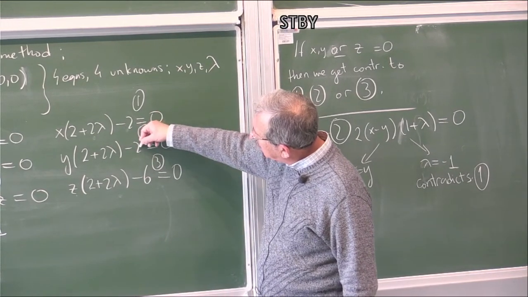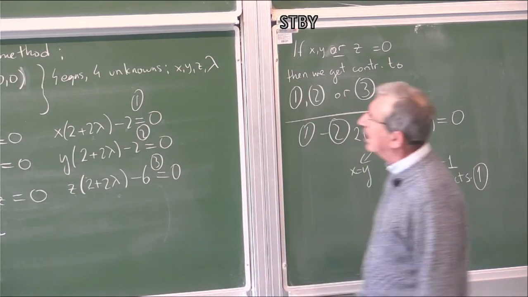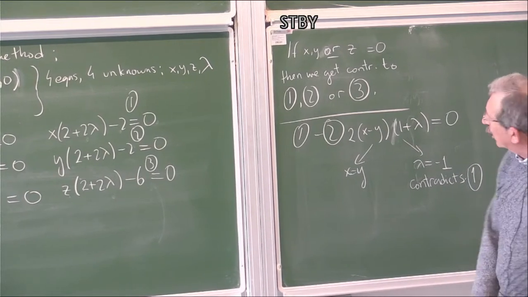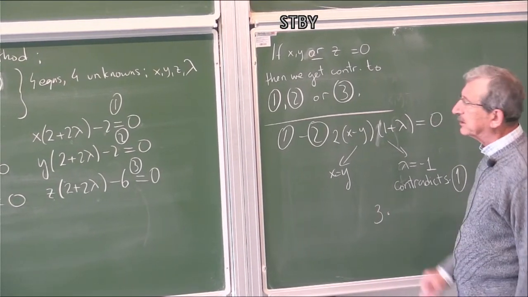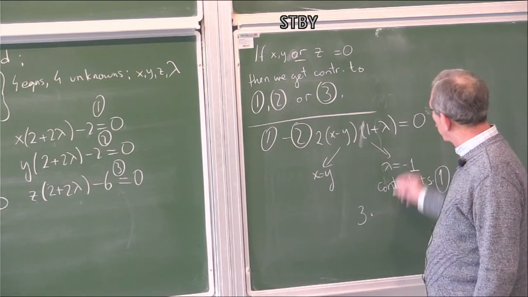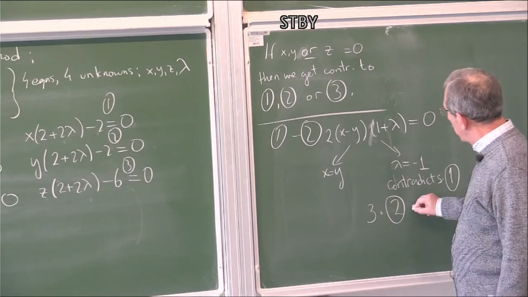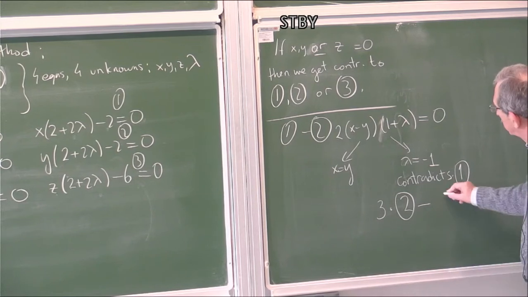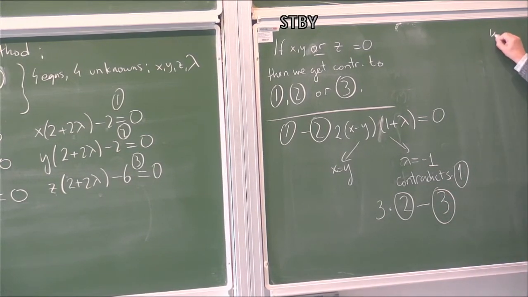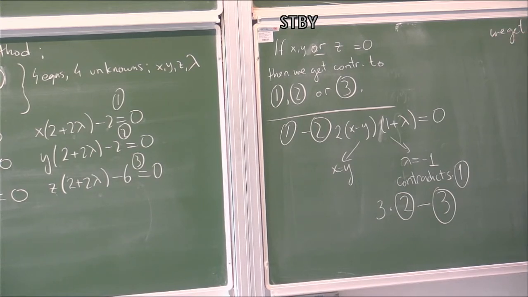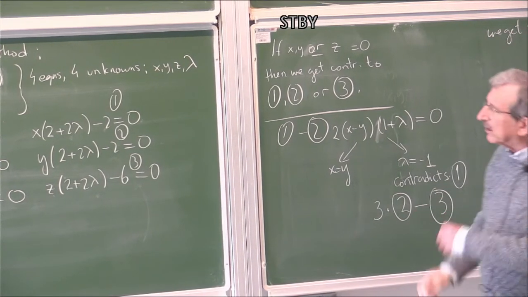We have to multiply the second one by 3. So here, consider 3 times the second equation, and subtract from it the third one. I want to eliminate the constants.